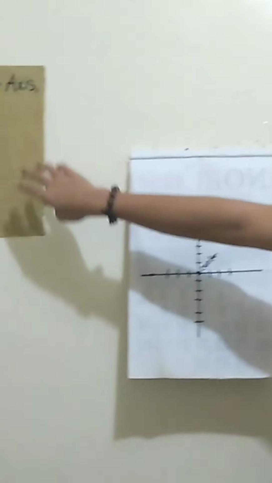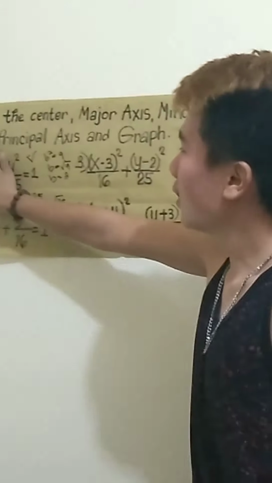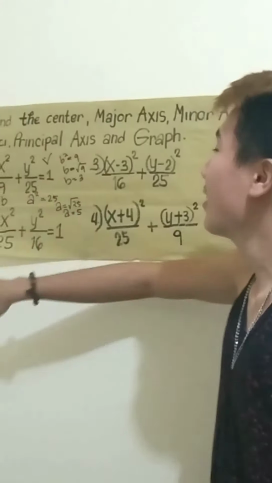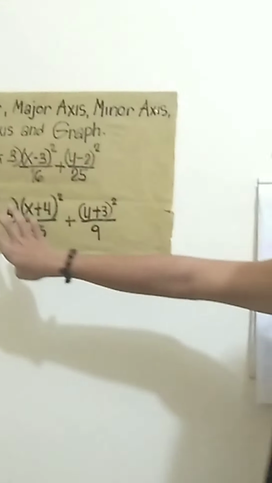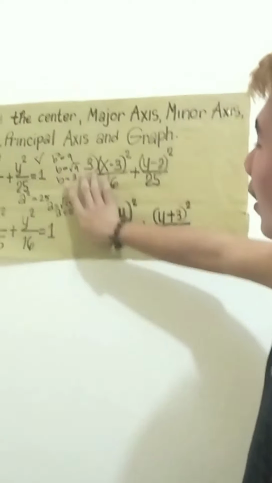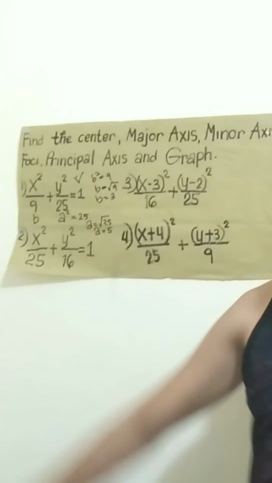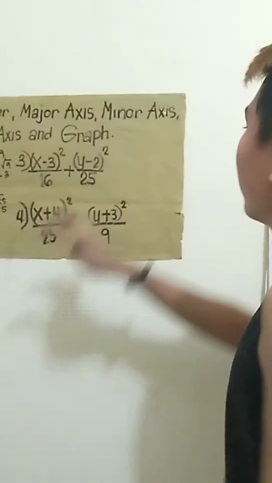And now, we need to find the foci. So, now, the foci here is c equals the square root of a squared minus b squared. So, let's find out.